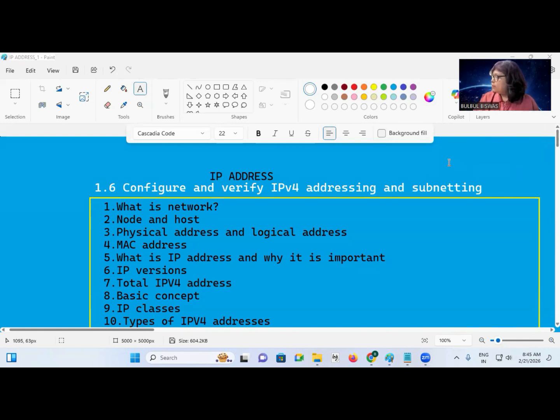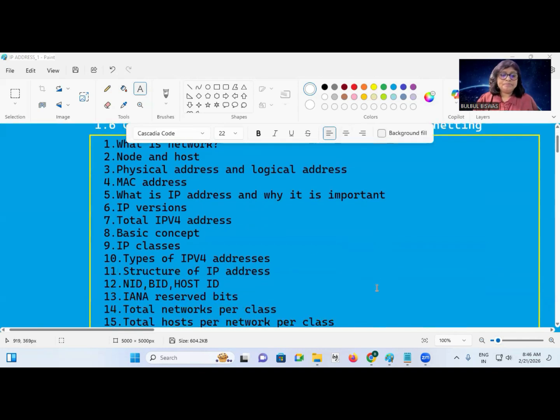When there is a requirement for transferring data from one device to another, we have to connect the devices, and when we connect the devices, we are designing a network. And the moment we design a network, to identify the devices, we need the IP address. That is the first and foremost thing we have to understand about the network.